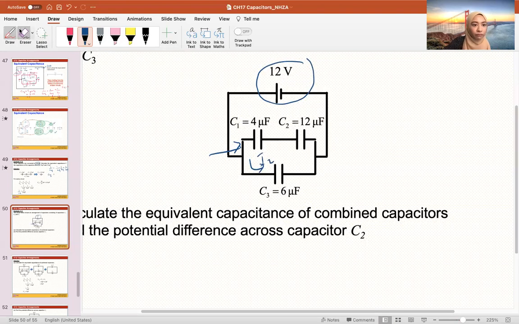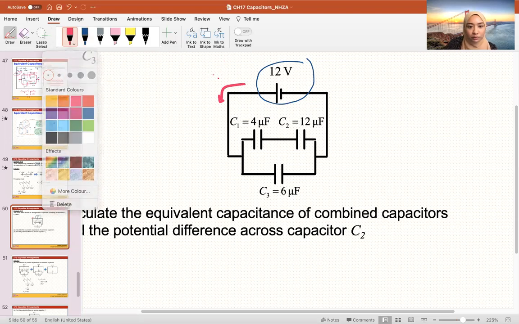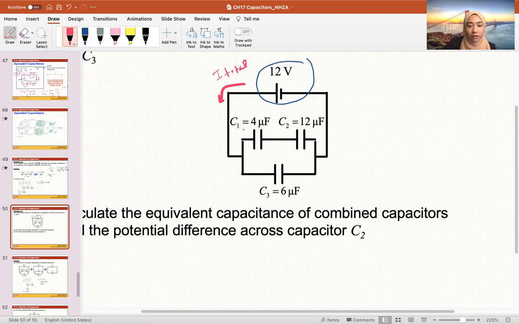Why does this seem so difficult to draw? Okay, let me redraw this. So if I have I total, right? The writing is too thick. Wait. I total flows, and we have a diversion over here, like a three-way junction on a road. So you have I1, you have I2.